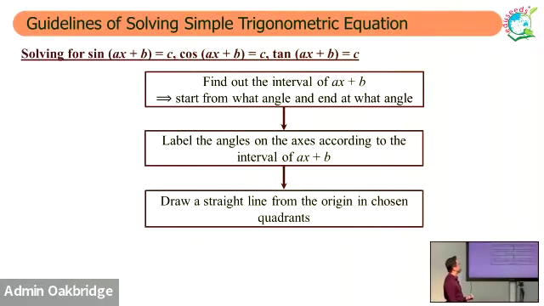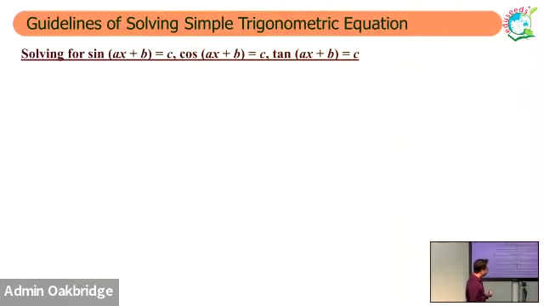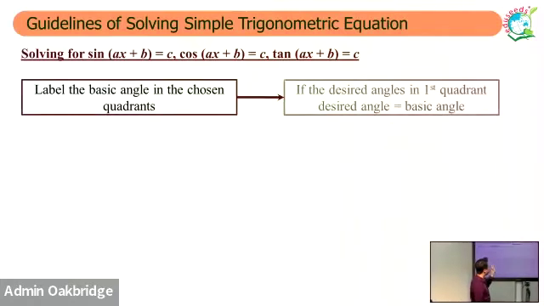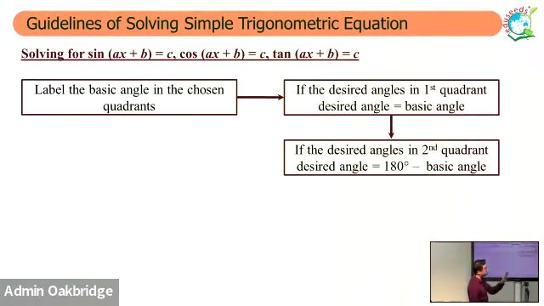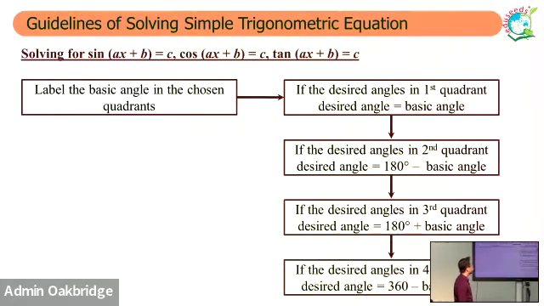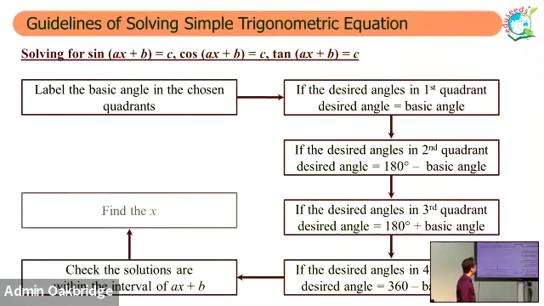And then draw a straight line from the origin in the chosen quadrant. This will be the same step as what we did just now. And then label the basic angle. Okay, so the rest will be the same. So we just need to do some extra step at the beginning. This one you have to check for the solution within the interval.